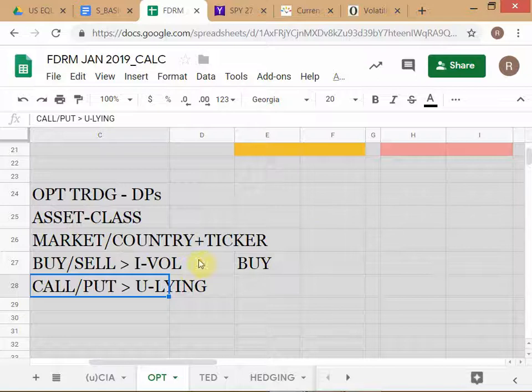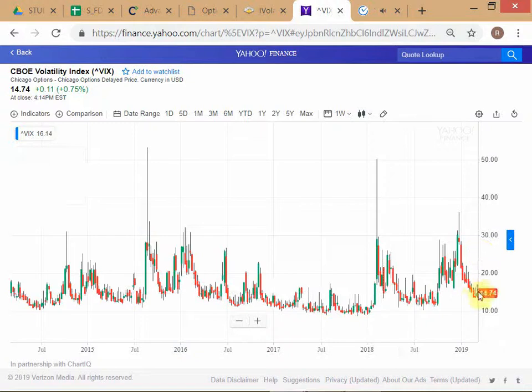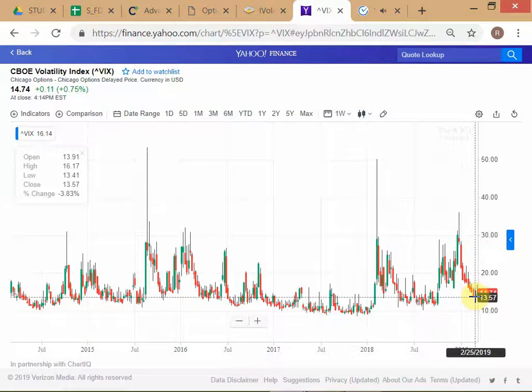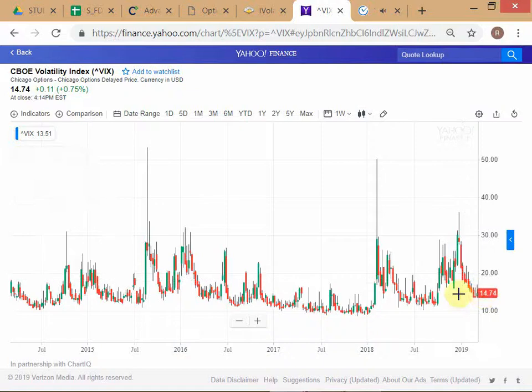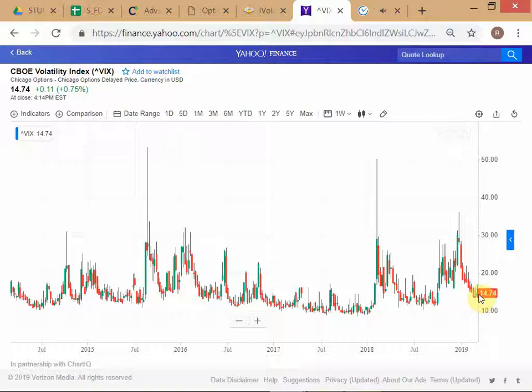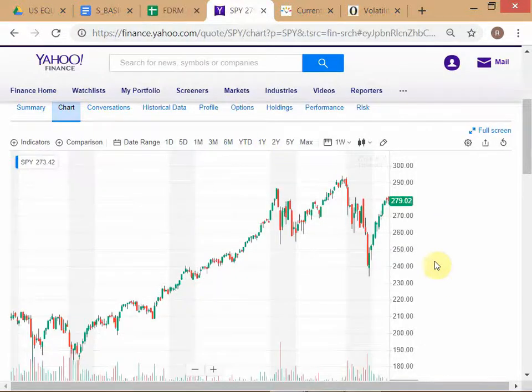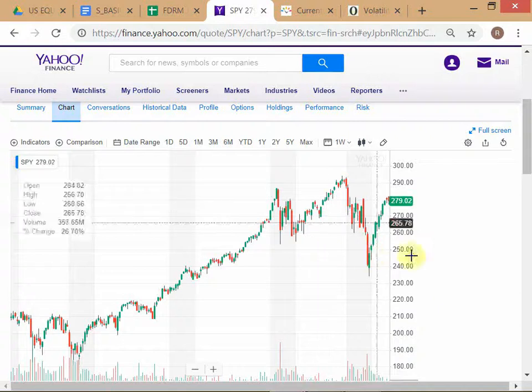Okay, so the eyeball index of options on the underlying here is the VIX, and the underlying we are going to take as the SPY. The VIX is not going to be correlated to the SPY. There is some correlation, but we are not going to rely on that. We're not going to take it as a law of physics that will always hold.